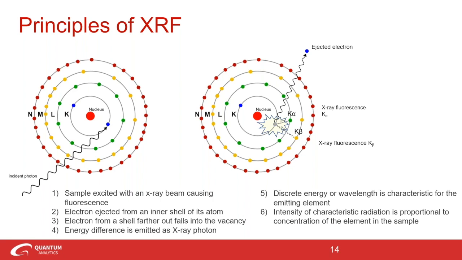When an atom in the sample is struck with an X-ray of enough energy, greater than the binding energy of the atom's K or L shell, an electron from the atom's inner orbital shell is dislodged. The atom then regains stability, filling the vacancy left in the inner orbital shell with an electron from the atom's higher energy orbital shell. The electron drops to the lower energy state by releasing a fluorescent X-ray.